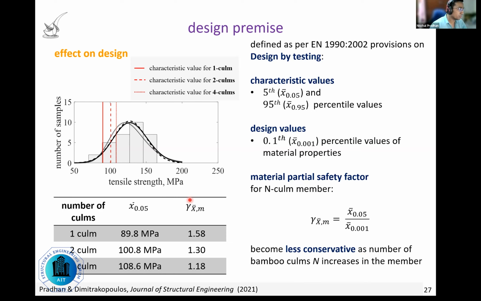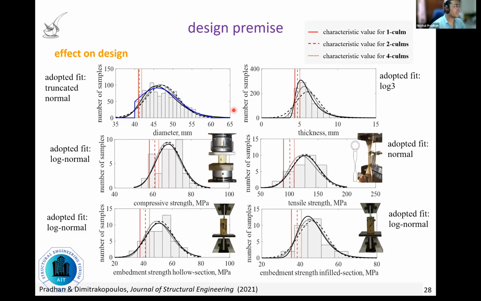If you look at the partial safety factor, which is 1.58 for 1 column, this reduces to 1.18 for 4 columns, and the 5th percentile characteristic value of 89.8 megapascals increases to 108.6 megapascals. So all these design characteristic values become less conservative. We implement this for all the other properties. We try out different distribution fits, because we don't really know which is the correct distribution.